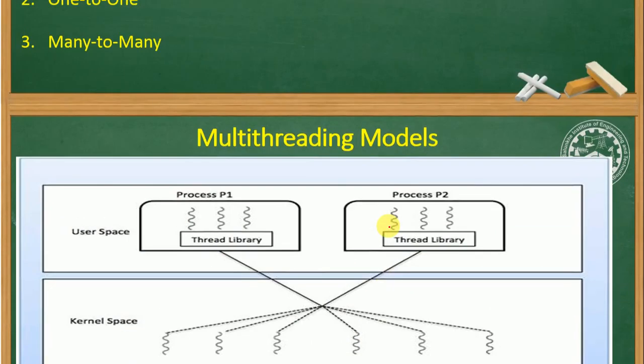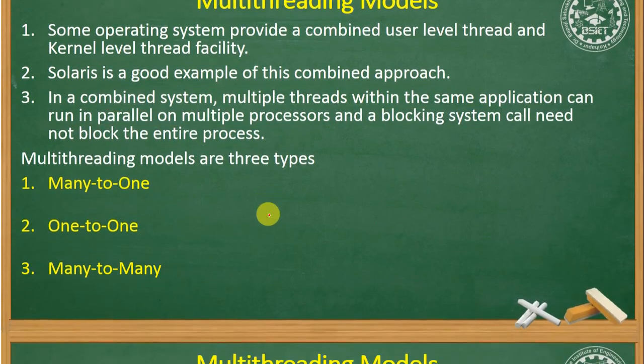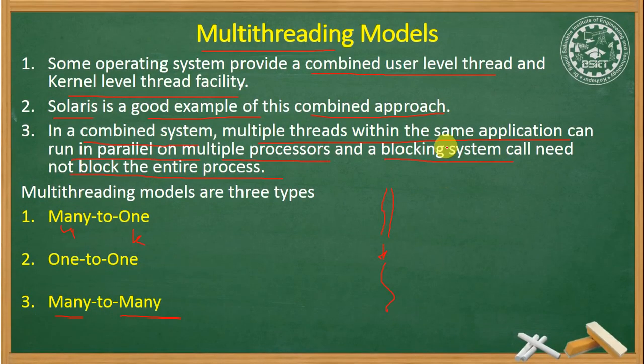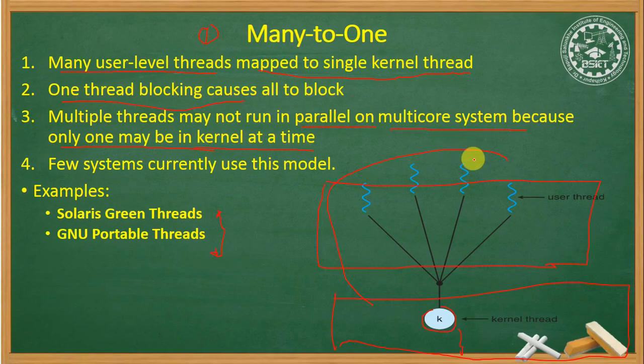So there are only three approaches: many to one, one to one, and many to many. If it is one to one, then you can have this type of diagram: every individual thread has its mapping kernel thread. You can plot this diagram or use the simple diagrams which I have explained. A diagram reflects your knowledge, so you can draw your own conceptual diagram also.